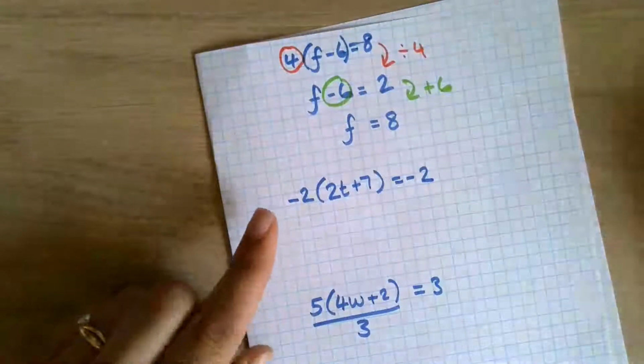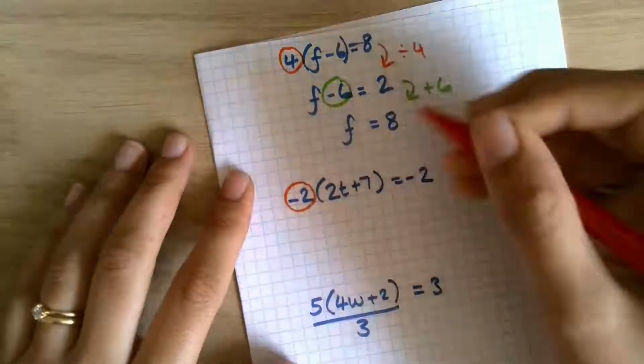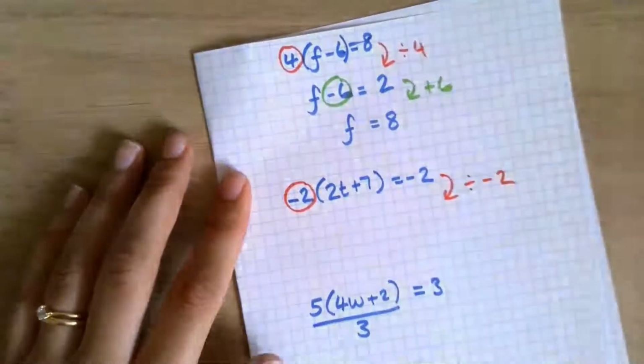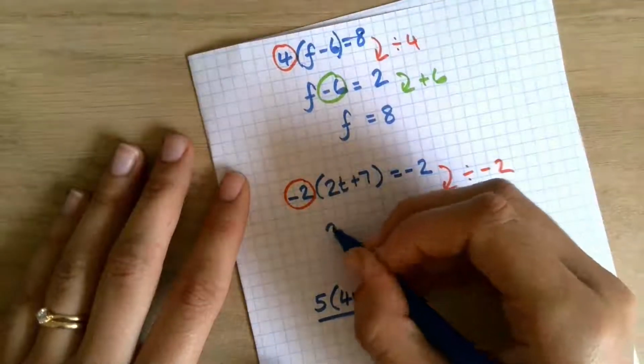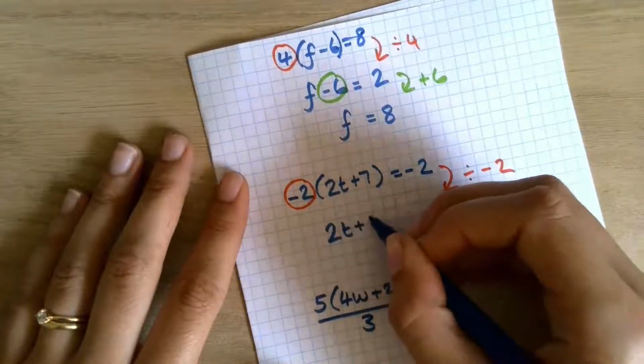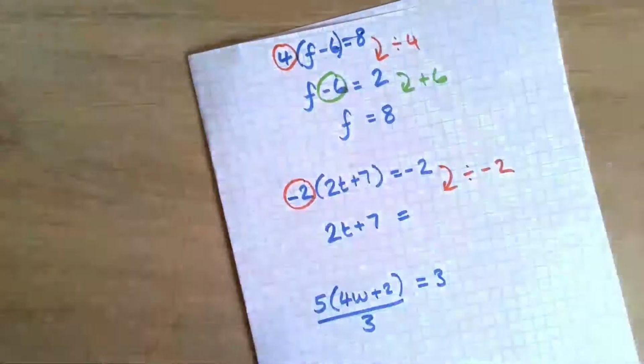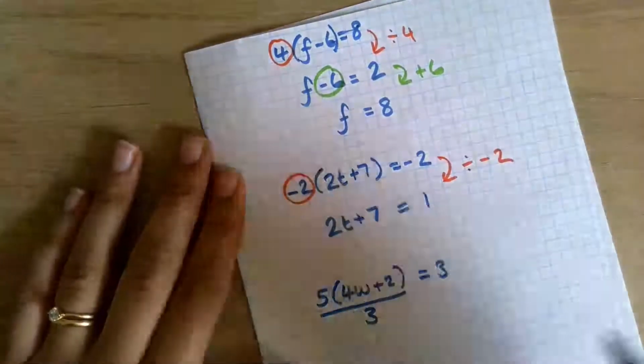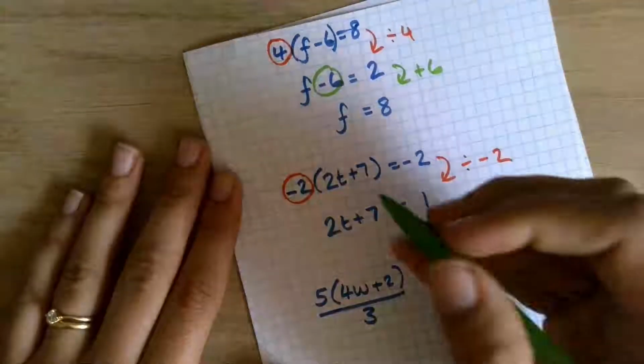Can we divide by -2? Of course we can. What is -2 divided by -2? Well, negative divided by a negative gives us a positive answer, and 2 divided by 2 gives us 1. So 2t add 7 is +1.